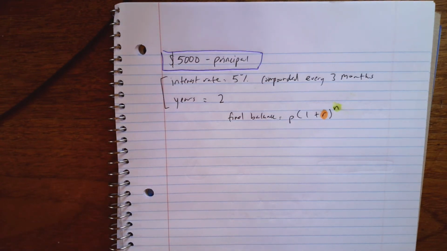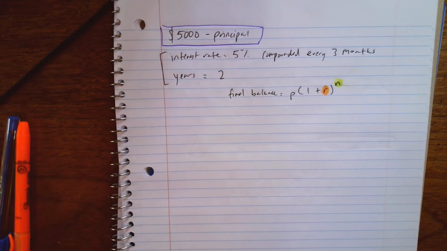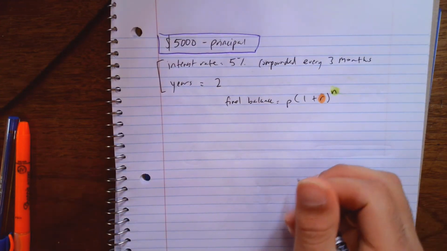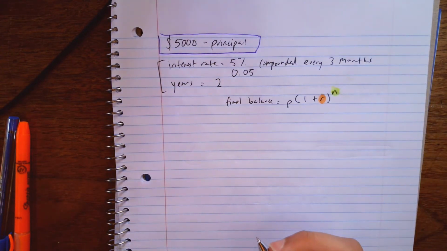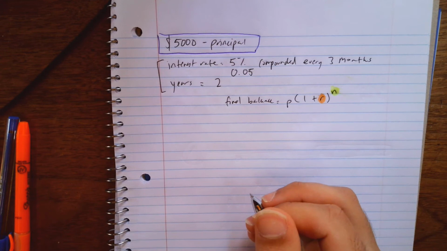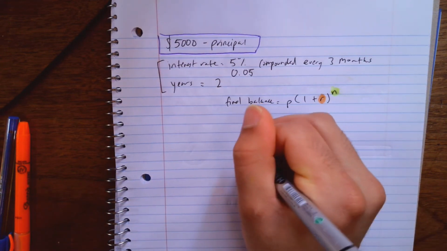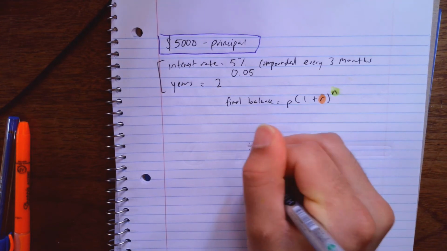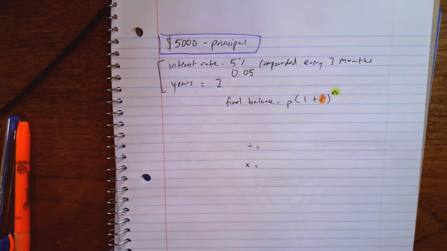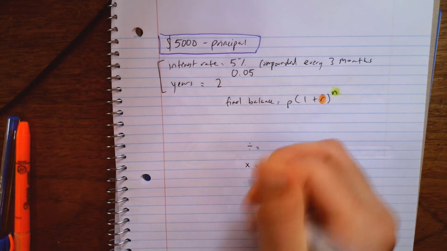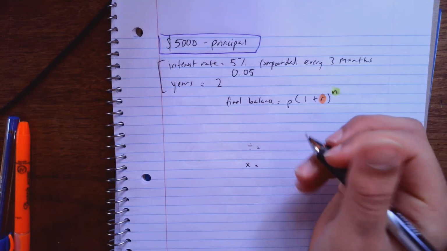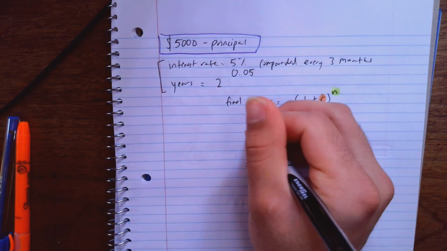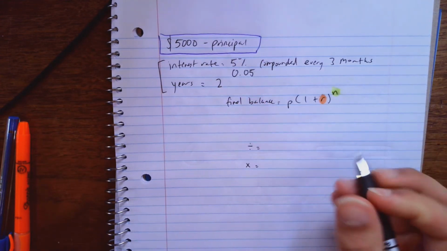What's our first step in changing our r and our n values? Okay, 3 divided by 12. And what number comes out of that?